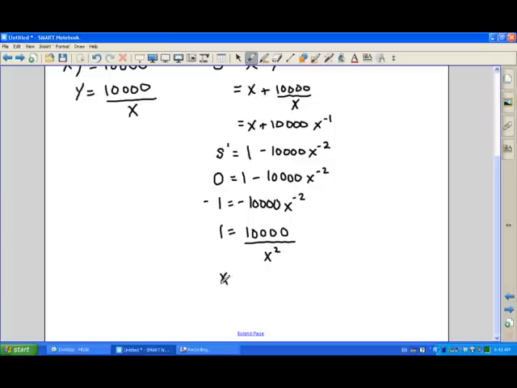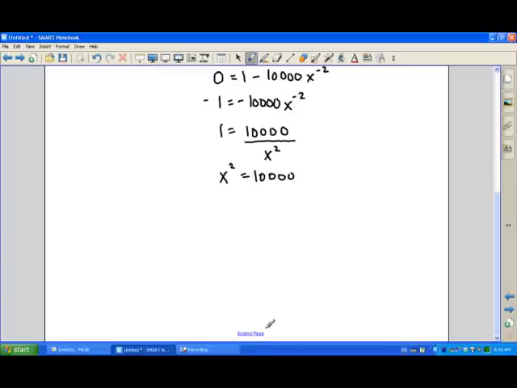Cross multiplying, x squared equals 10,000, which means that the square root of 10,000 would equal x. Remember, when you take the square root of both sides of an equation, you need to include the plus or minus in front of the square root. So x would be plus or minus 100.